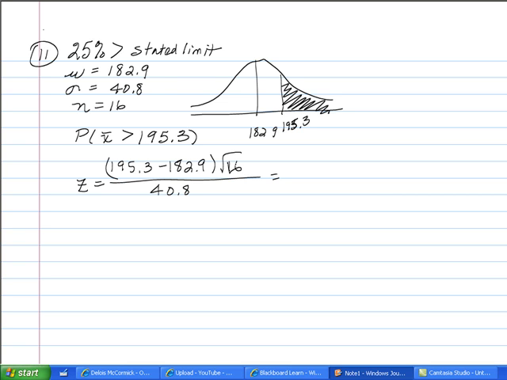Our chart says 1.22 is 0.8888. So we want to subtract that number from 1 to get the shaded region to the right: 0.1112.